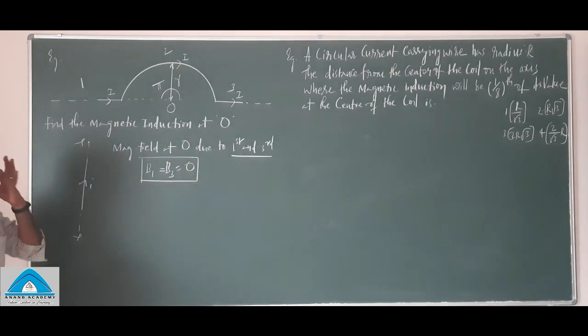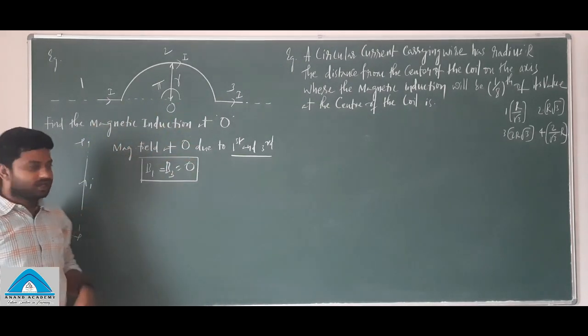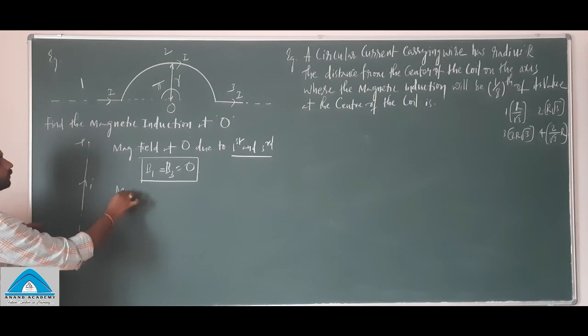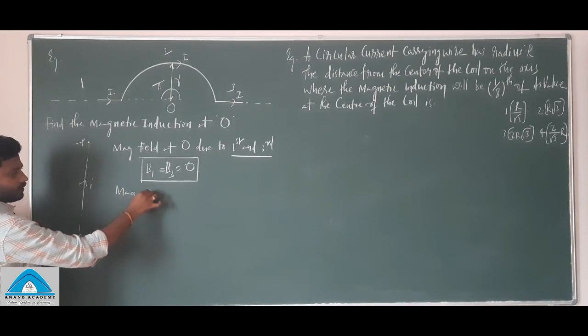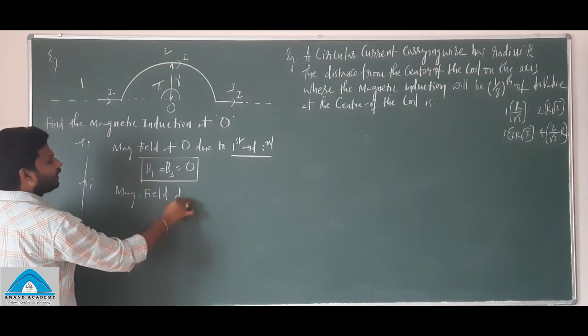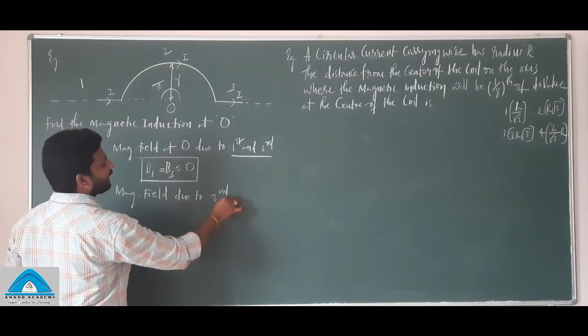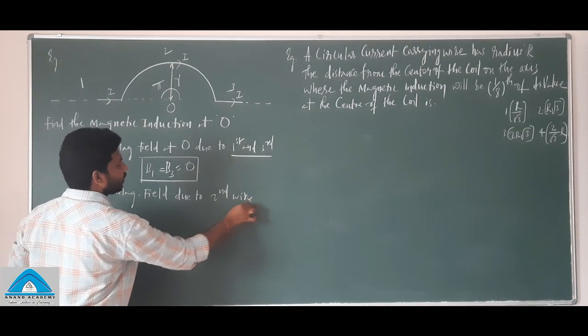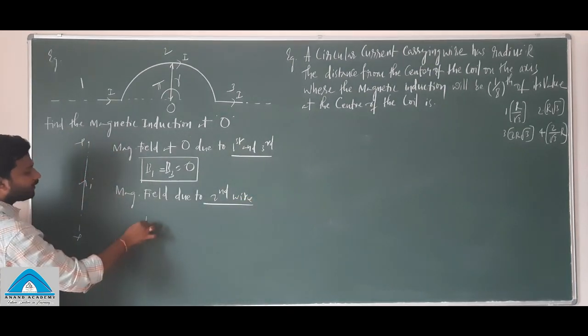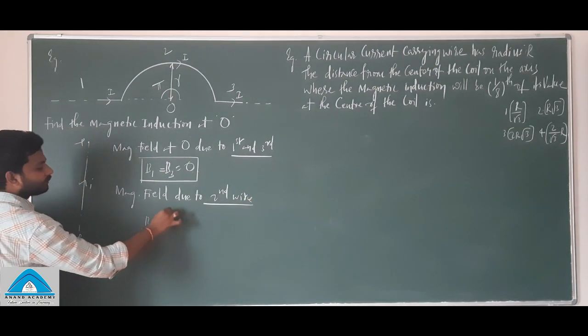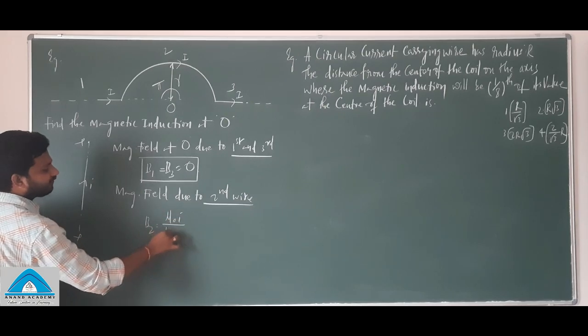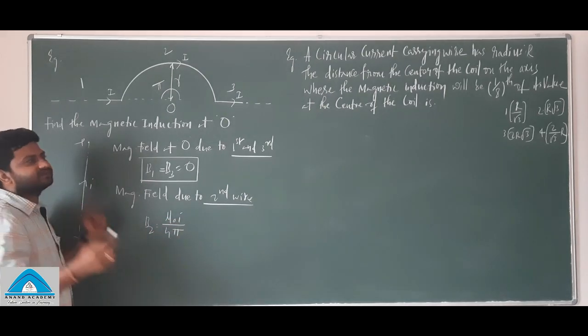Now it is very clear we have only one wire which is an arc. So the magnetic field due to the second wire, which is an arc. What is that? B2 is equal to mu naught I by 4 pi r into theta, where r is the radius of the circle.